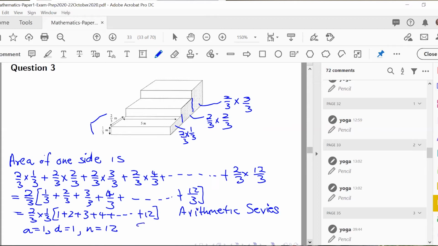So the sum, using Sn equals N all over 2 into A plus L, I'm going to use that short formula. In this case, S12 equals 12 all over 2 into 1 plus 12. And that is 6 times 13, which is 78.